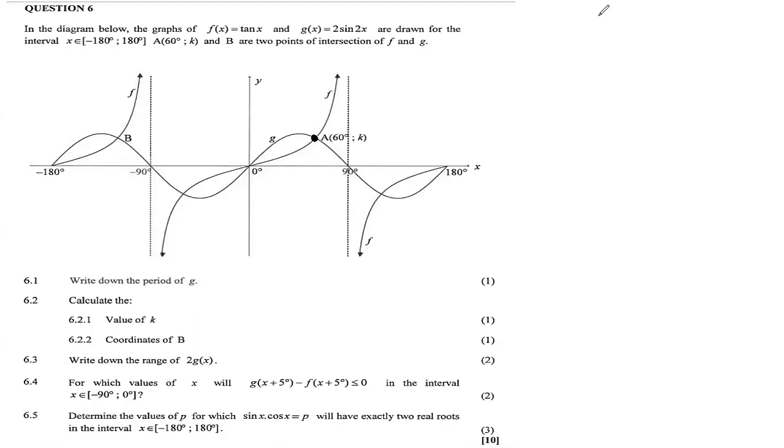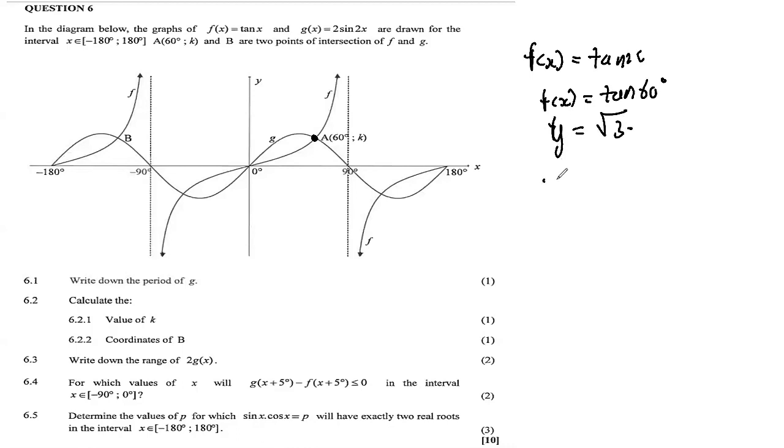We can use f(x) = tan x and substitute our x value: tan 60 degrees. f(x) is the same as y, which gives us root 3. So the value of k is root 3, because k here is a y value.